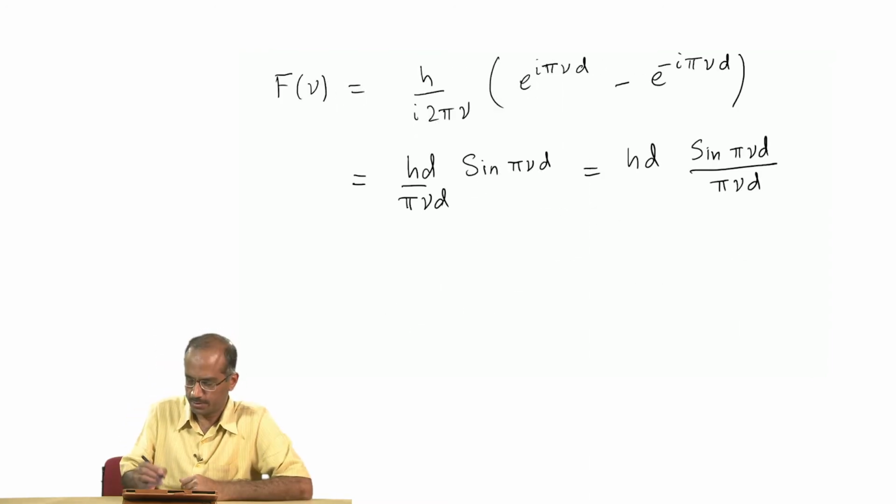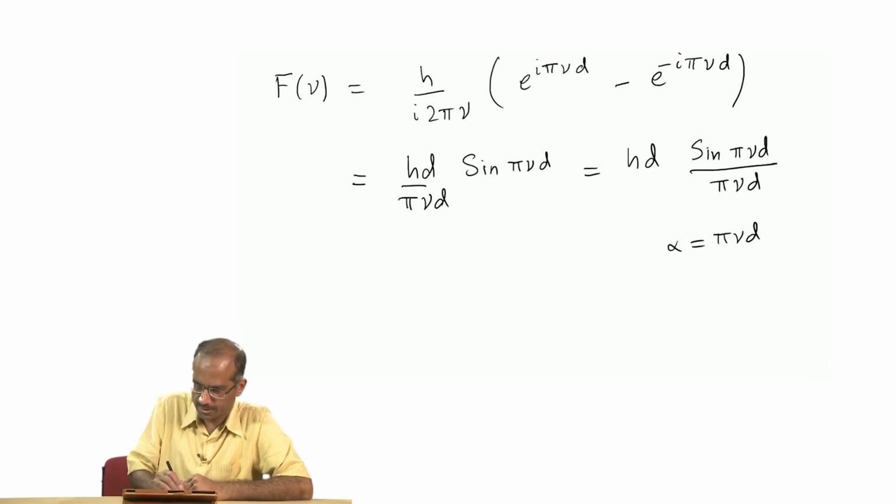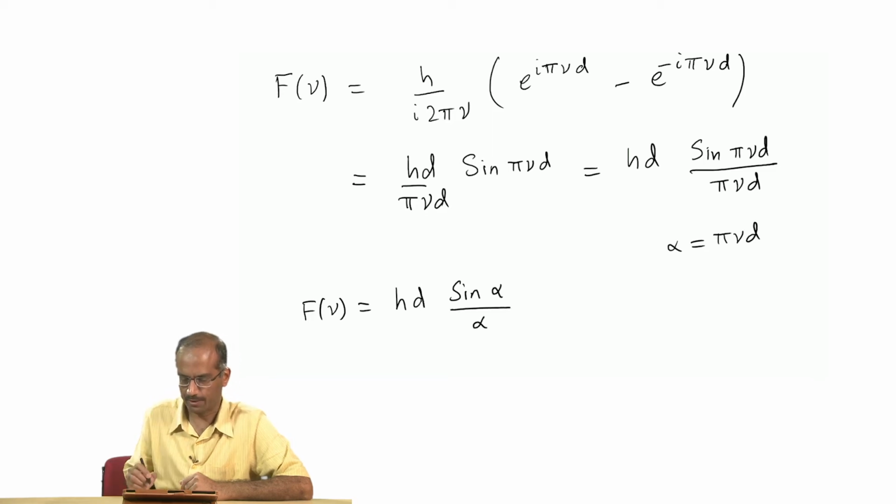If you would like, you can just change the notation and call this pi nu d to be alpha, in which case F of nu would become h d into sin alpha by alpha. Now, we can plot the Fourier spectrum.